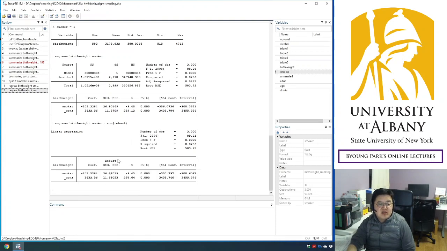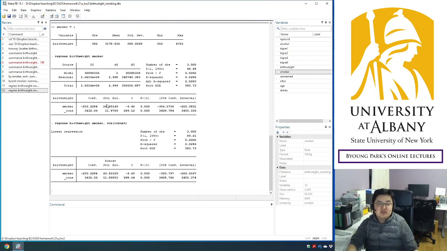But this part is the difference. As you can see, the difference is pretty small. So with the robust standard error formula, you get a similar result as before, which means it looks like the homoscedasticity assumption is correct. So with or without the homoscedasticity assumption, you are going to get a similar result.